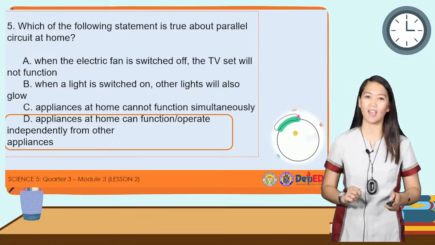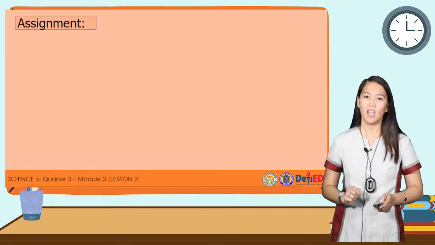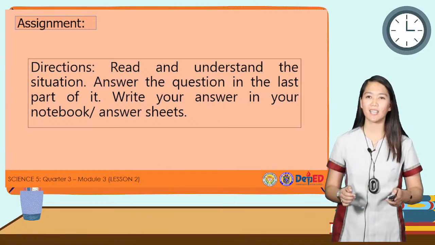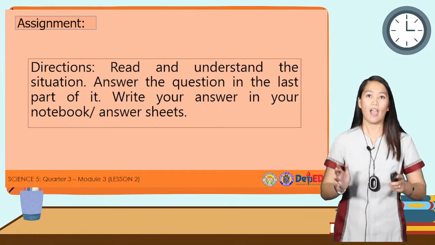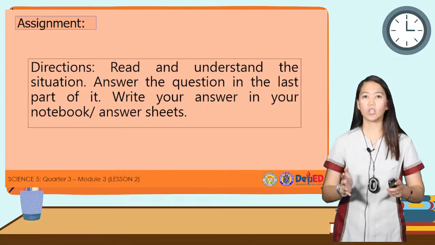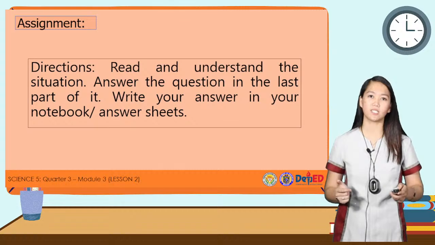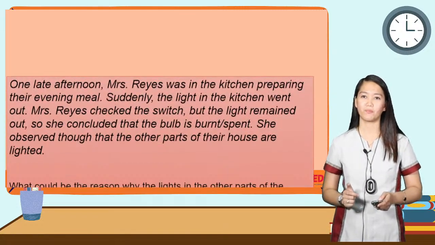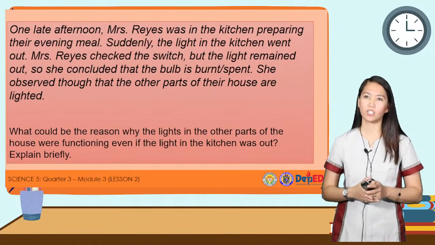Okay, remember that, learners. And for your assignment, you are going to read and understand the situation. Answer the question in the last part of it, or write your answer in your notebook or answer sheets. Now, here is the situation.